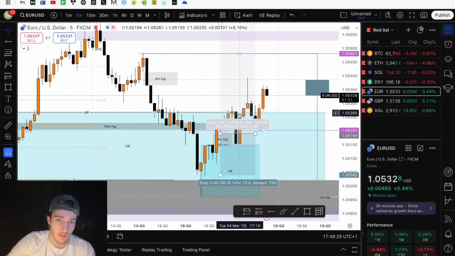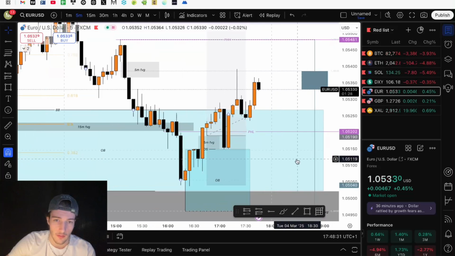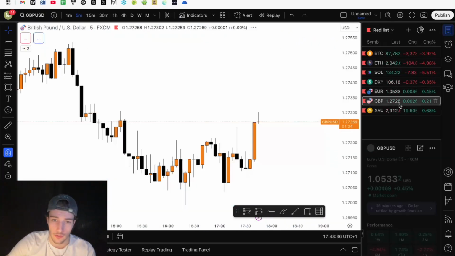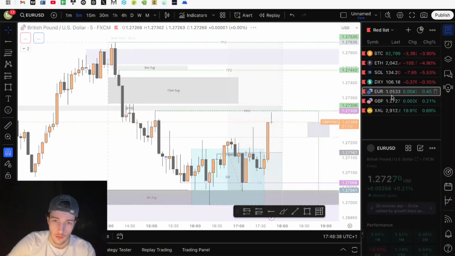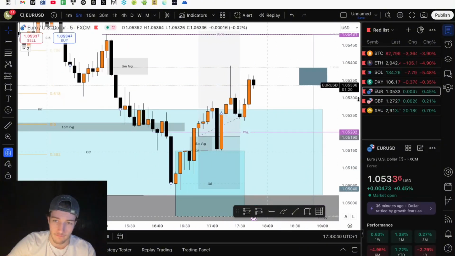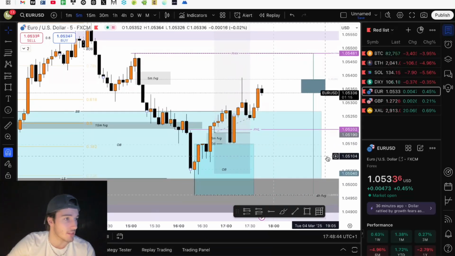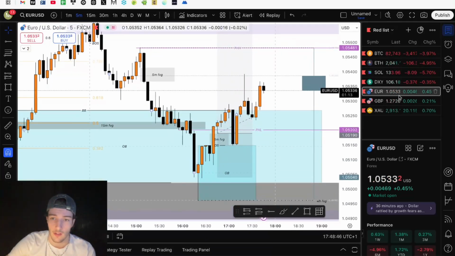We did break structure here earlier actually, but I'm just curious why we disrespected this 5-minute fair gap on GU and not on euro. I have to look into this, and that's it. Honestly, this trade would have been nice.